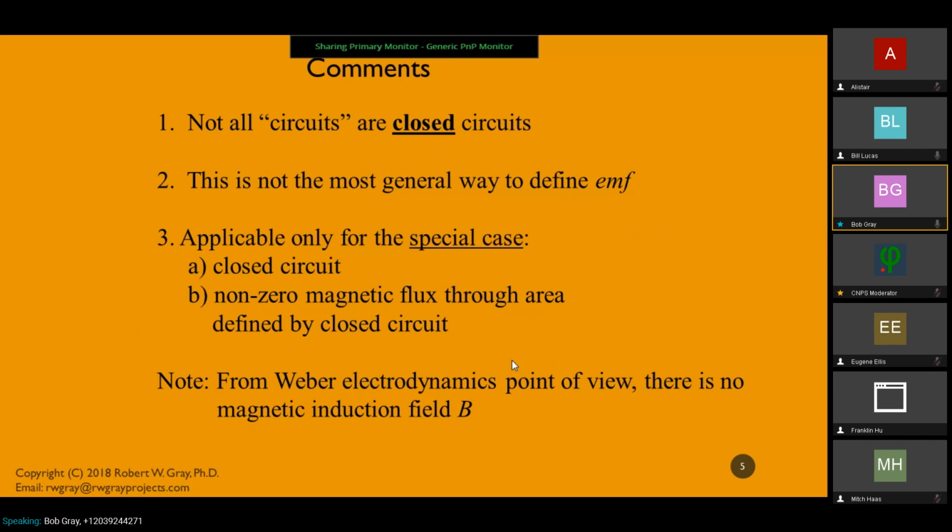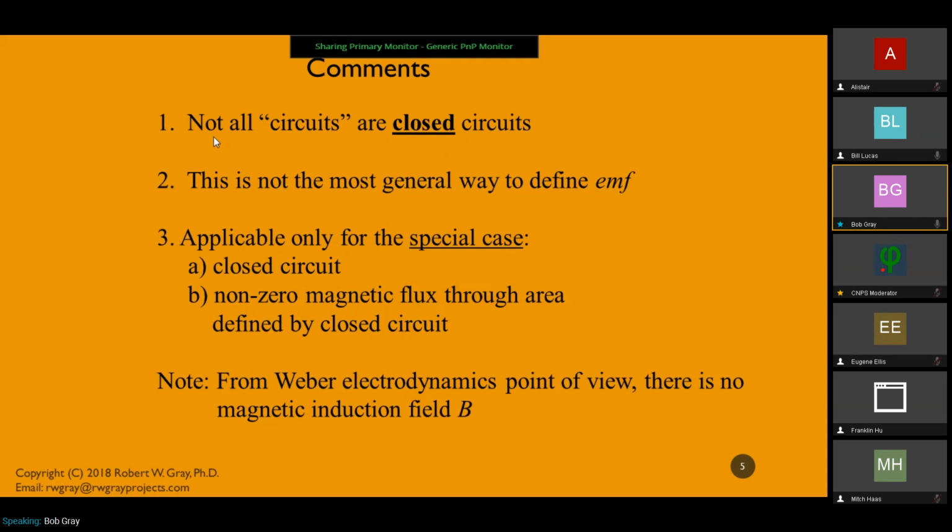But what you've got to realize is that not all circuits are closed circuits. This is not the most general way to define EMF, and therefore that derivation and its results are only applicable for a special case where you have a closed circuit and where there's non-zero magnetic flux through the area defined by the closed circuit.